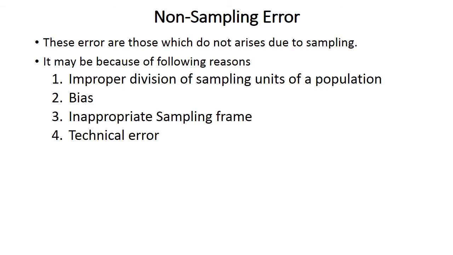Data obtained in complete enumeration is generally free from sampling errors. However, the data obtained from a sample survey should be treated for both sampling error and non-sampling error. Non-sampling errors can occur at any stage of the sampling.